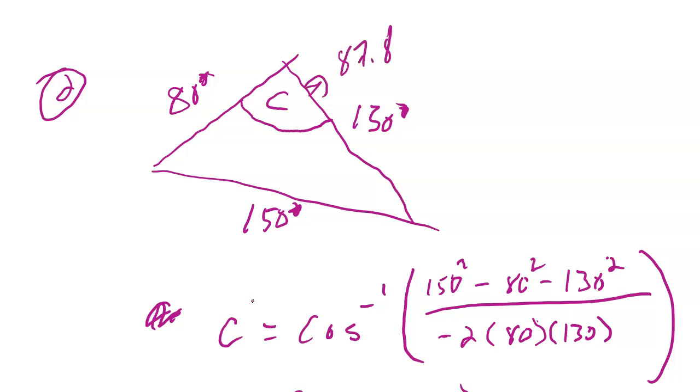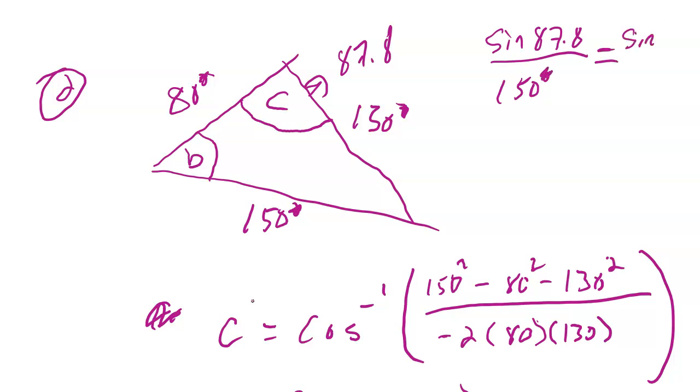I think I'm going to just use law of sines at this point. I don't want to mess around. So if I do sine of 87.8 degrees over 150, that's a length, this should be equal to sine of B over 130.